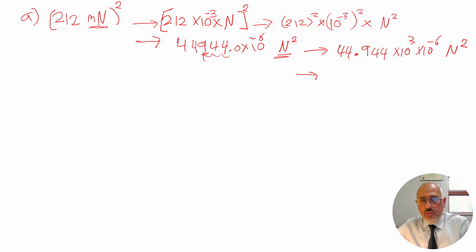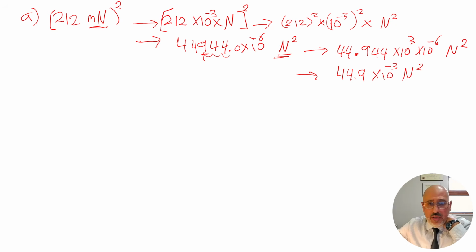If it's less than 5, you don't do the rounding. We're going to talk about this more. So I can say that this is equal to 44.9. Now here, 10 to the power 3 and 10 to the power minus 6, I can add them together, and that will result in 10 to the power minus 3 newton squared. Right? So that's my number.